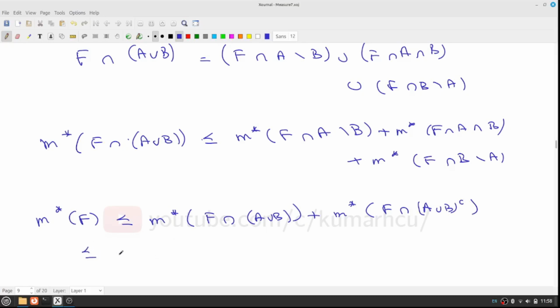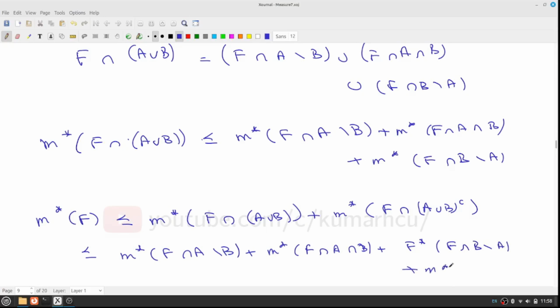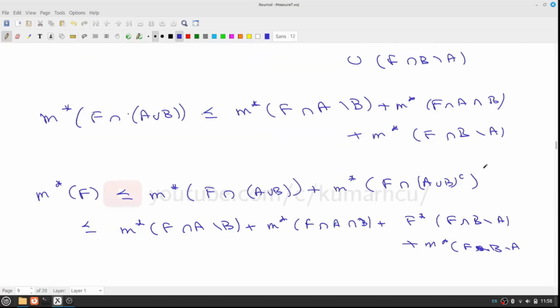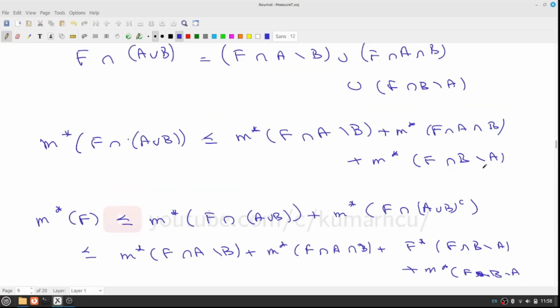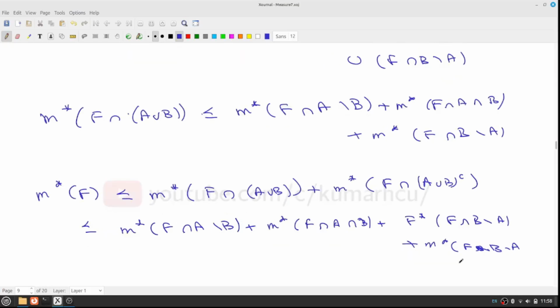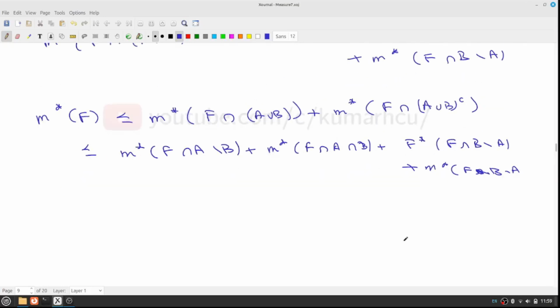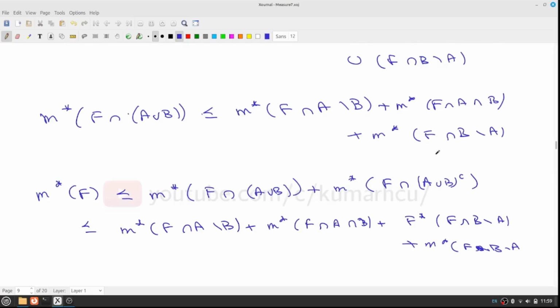But this is less than or equal to m star of F intersection A minus B, plus m star of F intersection A intersection B, plus m star of F intersection B minus A, plus m star of F intersection A complement intersection B complement. I wrote m star of F intersection B minus A correctly, right? So I wrote this as three things, just simply following this, and this one is B minus A. Please understand, you should never get confused. This fellow is this fellow.